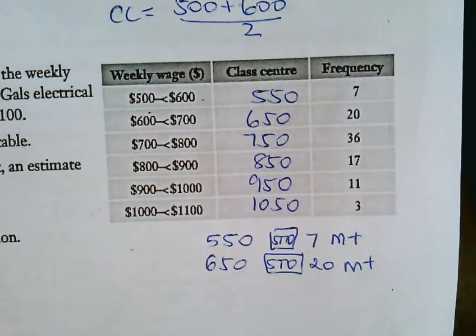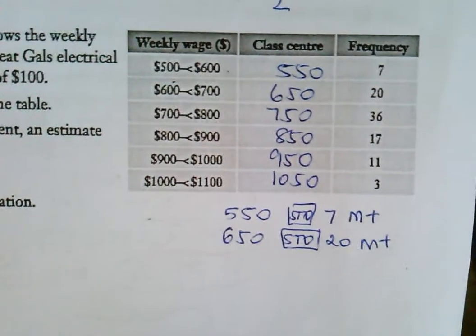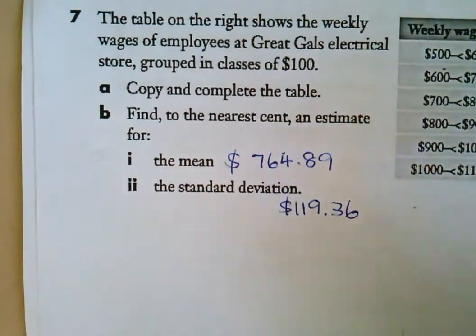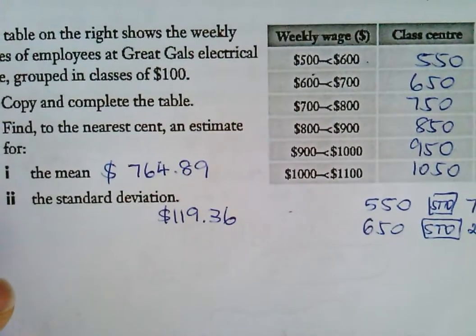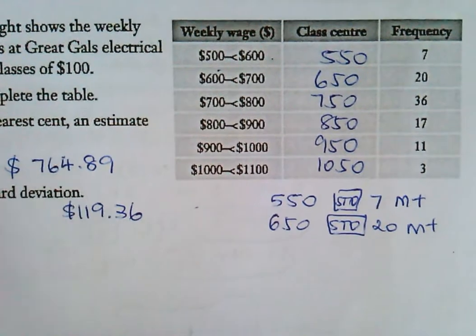Okay? Keep entering the data and you'll just need to find out the mean and standard deviation. Has someone already done that? Someone's just given me their answer. They've said that the mean is 764.89, 119.36. Okay? If that's not what you get, just check your answer in the back. Okay?